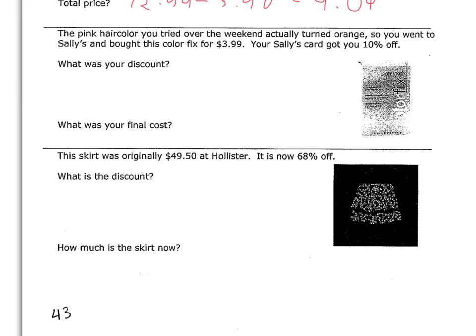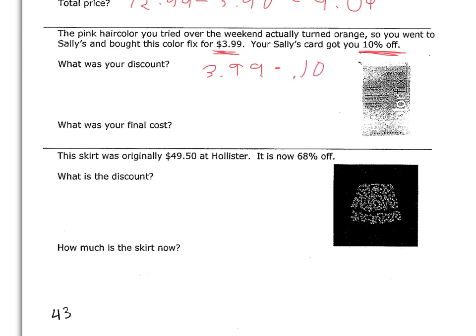The pink hair color you tried over the weekend actually turned orange. So you went to Sally's and bought this color fix for $3.99. So there's your price for your hair color, and your Sally's card got you 10% off of that price. We're going to multiply $3.99 by our discount rate.